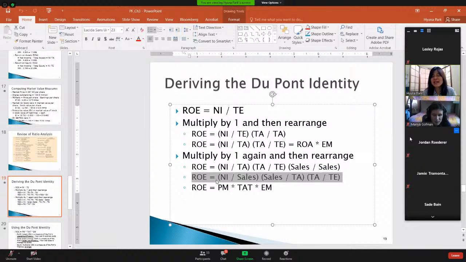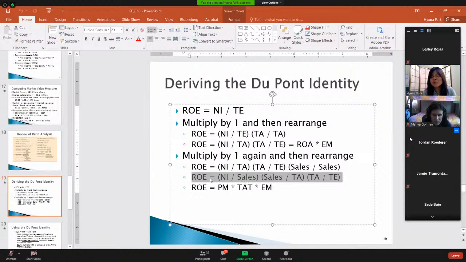the equality is preserved. So net income divided by total equity is the definition of return on equity, but you start by dividing net income by sales instead of total equity. But if you divide the net income by sales, so sales is downstairs.